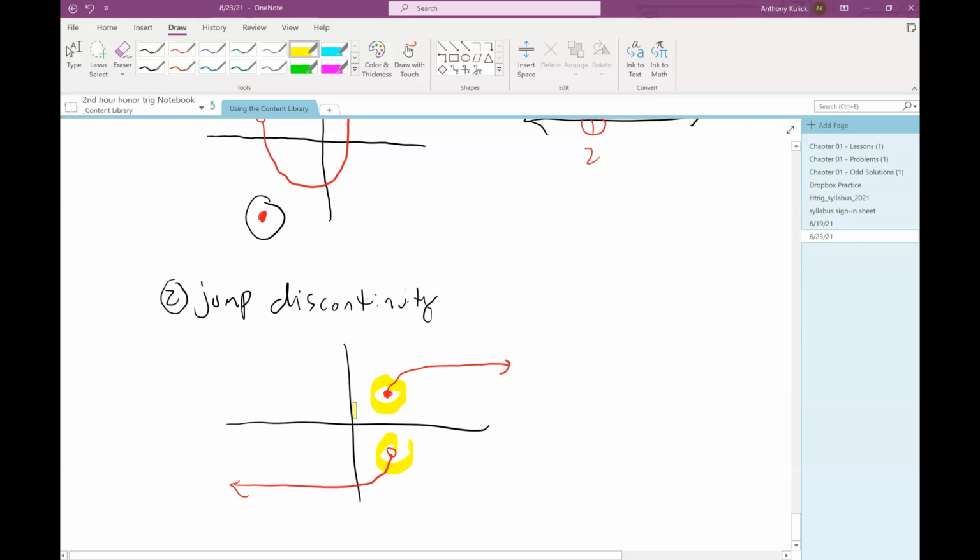They both can't be closed. Why not? Failed the vertical line test. It wouldn't be a function anymore if they're both closed because they're occupying the same x value. One open, one closed is fine. Both open is fine. Both closed, no bueno. Just as a heads up.